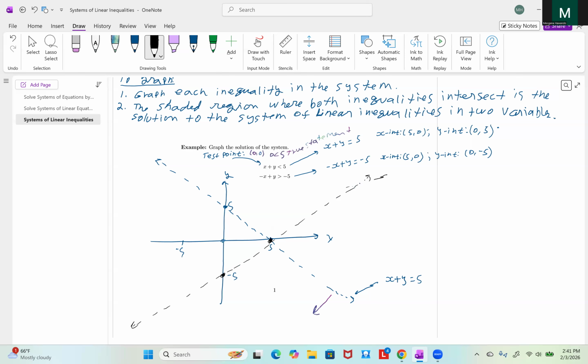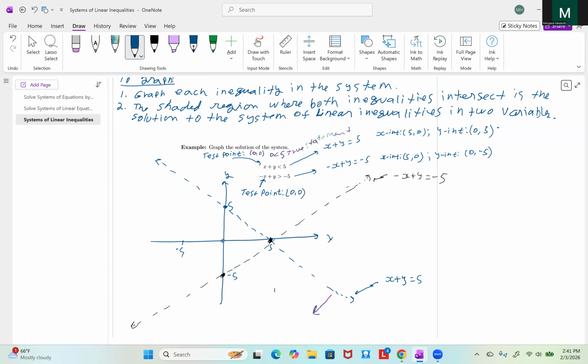Okay, so this line is minus x plus y equal to minus 5. We can pick the test point again, (0, 0), for the second line. The line doesn't pass through the origin, so we can make (0, 0) a test point.